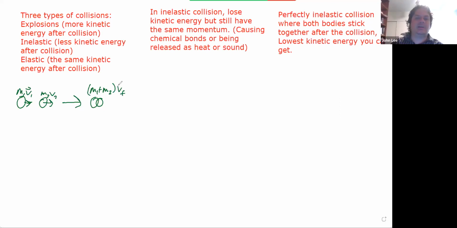So they start with individual momentums and then they end up with the same momentum after the collision, but they have a different kinetic energy.